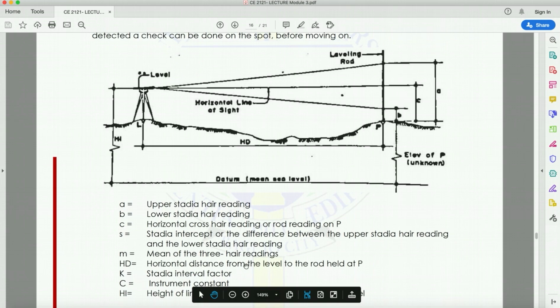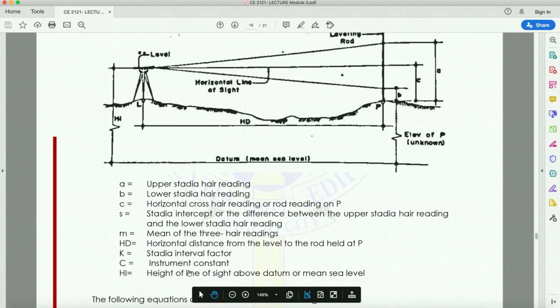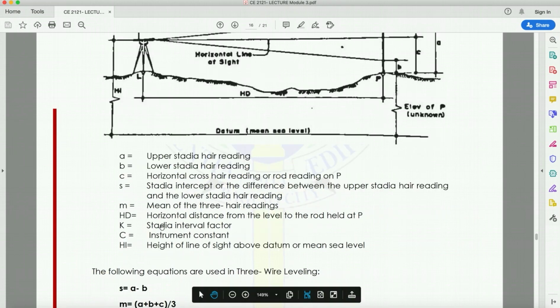HD is the horizontal distance from the level of the rod held at P. So from this point to this point. K is the stadia interval factor. C is the instrument constant. And HI is the height of line of sight above datum or mean sea level. So this instrument constant is given by the manufacturer, no?